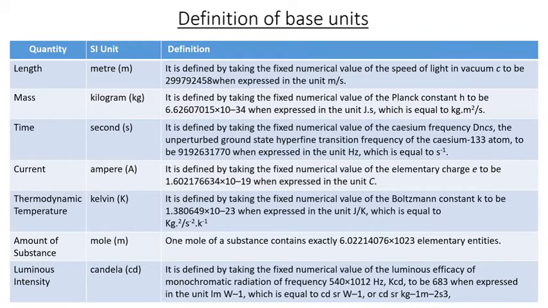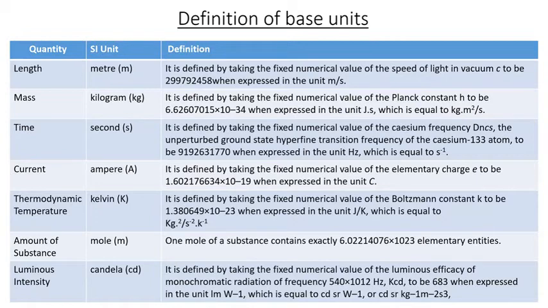Now, if one scientist is using mass in terms of kilogram and another scientist is using mass in terms of pounds, it becomes hard for them to work together. To solve this problem, a system of units has been universally accepted, which is used everywhere. This system of units is called SI unit.